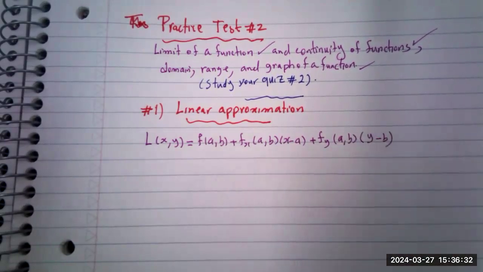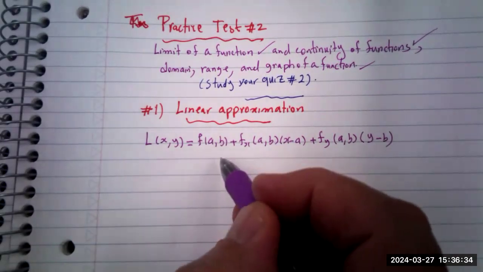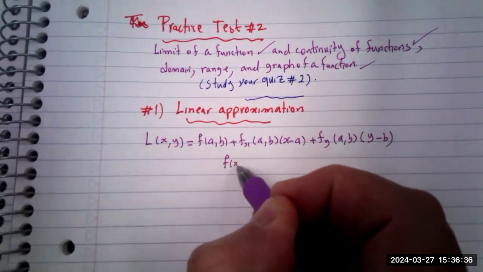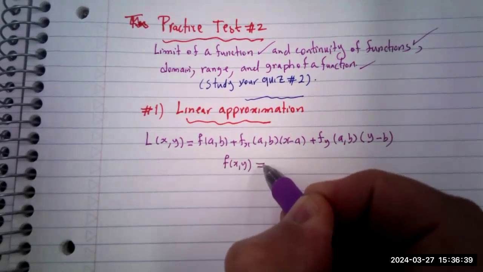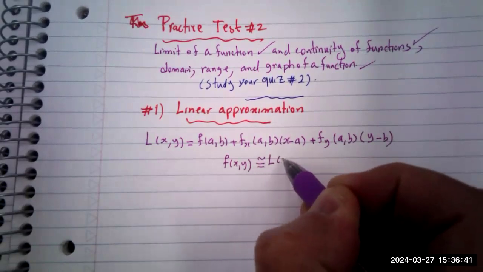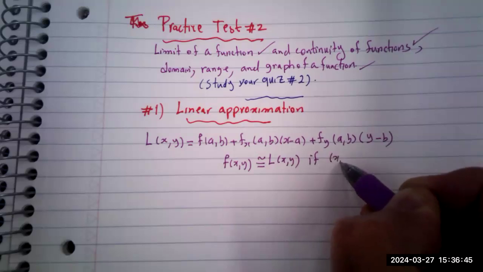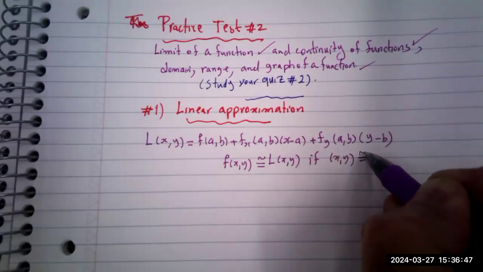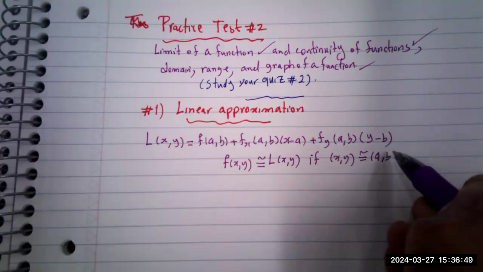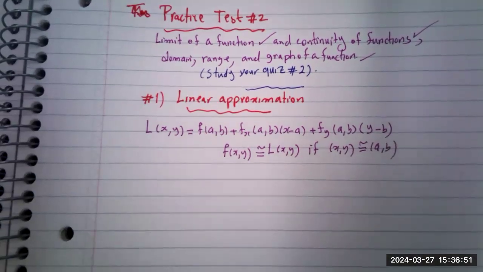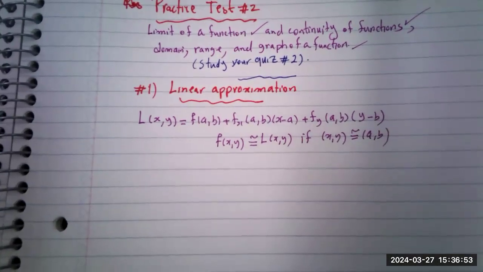That's for the function of 2 variables. The idea is that the value of the function can be estimated by the value of its approximation, of course if the point (x,y) is close to (a,b). This is linear approximation for a function of 2 variables.